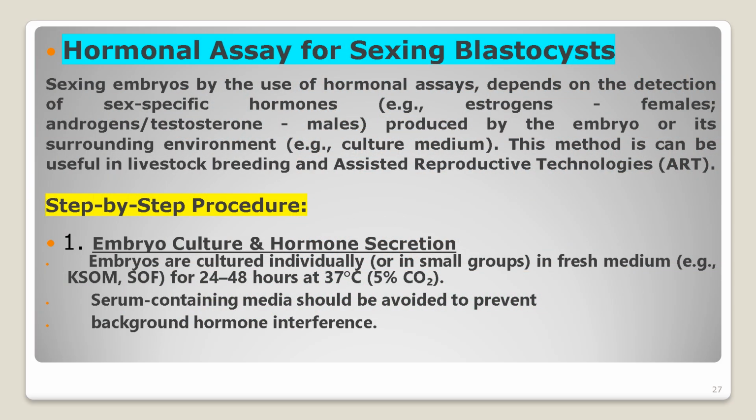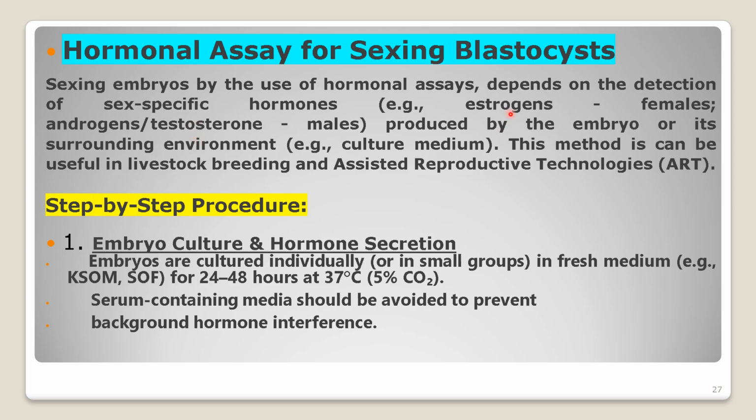So another process that can be used is hormonal assay, which is used for sexing blastocysts. This is another non-intrusive method. Here sexing of embryos is through the use of hormonal assays, which depends on the detection of sex-specific hormones, e.g. estrogen and testosterone.